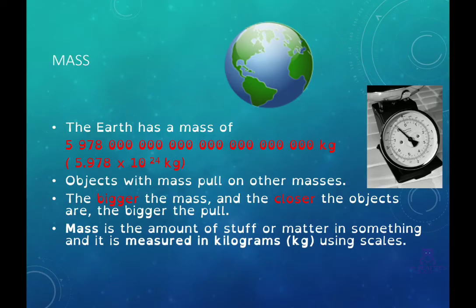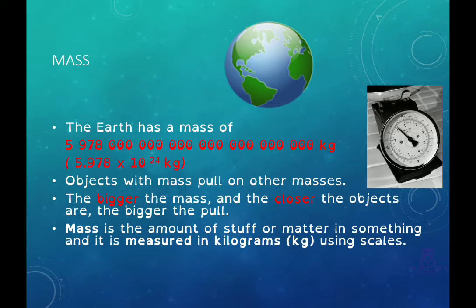Okay, so the Earth has a mass of 5.978 times 10 to the 24 kilograms. Now I've written that all out for you so you can get a picture of just how many zeros that is. Okay, it's absolutely massive.